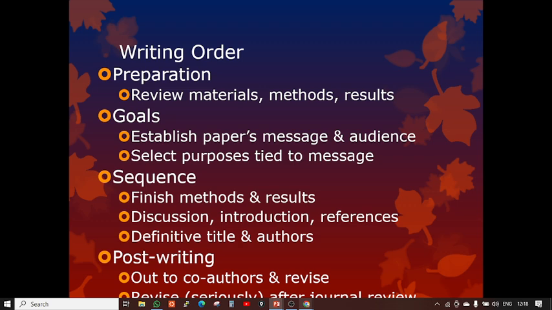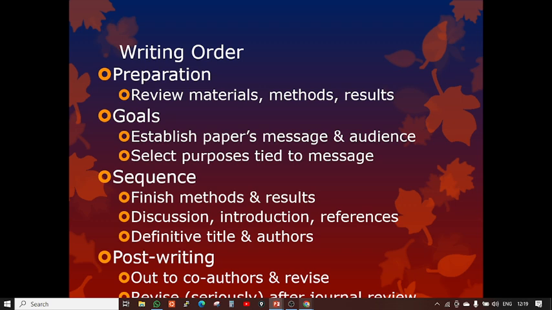Then goal: establish the paper's message and audience. First you have to make a proper goal. What do you want to convey or communicate in your research paper, and who will be the audience? If you are writing research based on water pollution, then you should not expect that management people are going to read this paper.